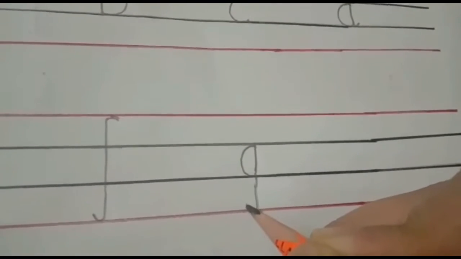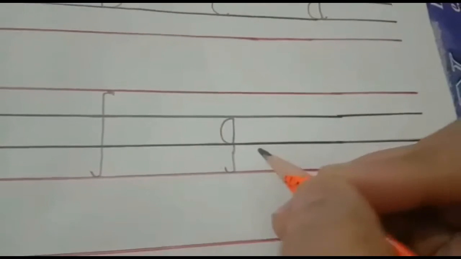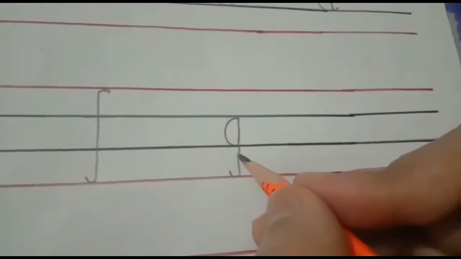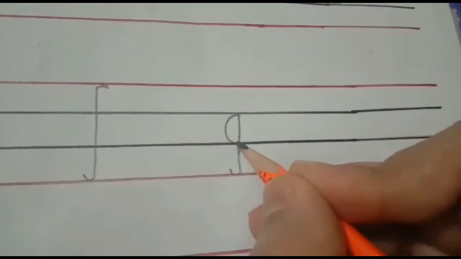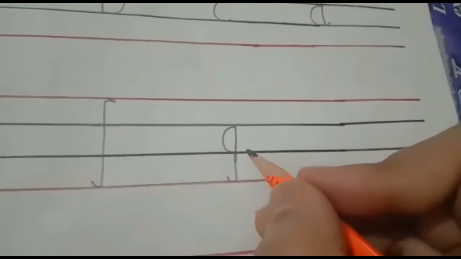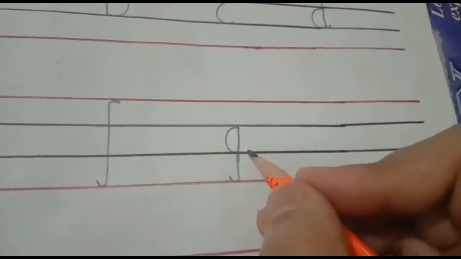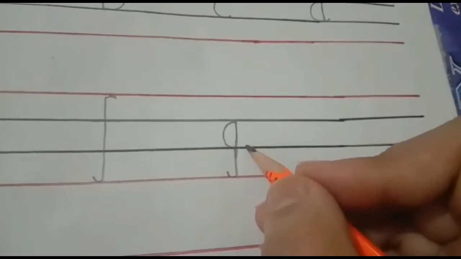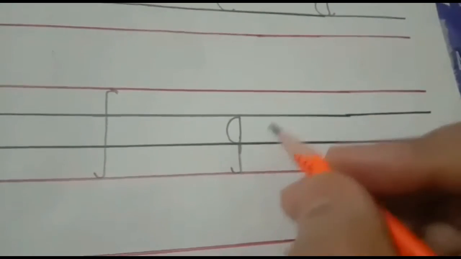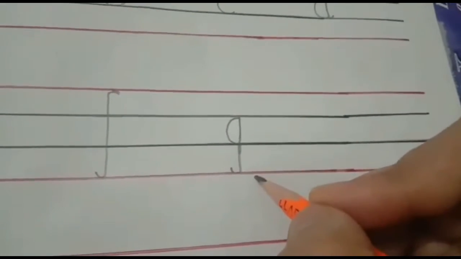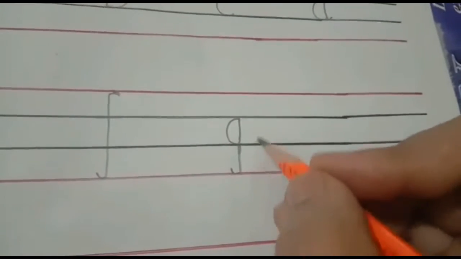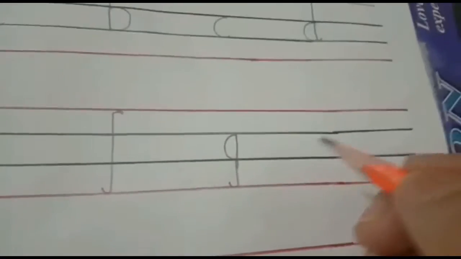And here I will make a little loop or a small tail for letter G. It should be straight. This is small g and the sound of this letter is G, and it should be in the lower three lines, middle to lower line.